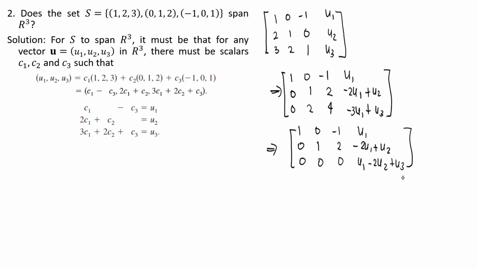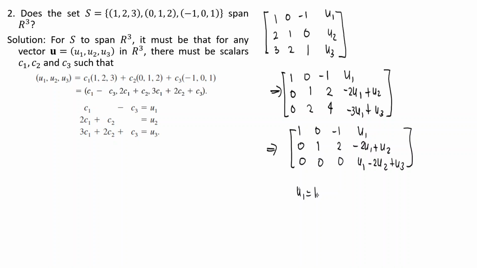Okay, so take note that this last row will indicate if we have infinitely many solutions or we have no solution. So take note that this has no solution if this term here or this element here is non-zero. For instance, let's say we let u sub 1 equals 1.